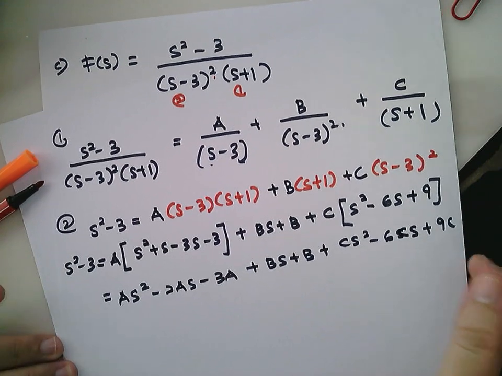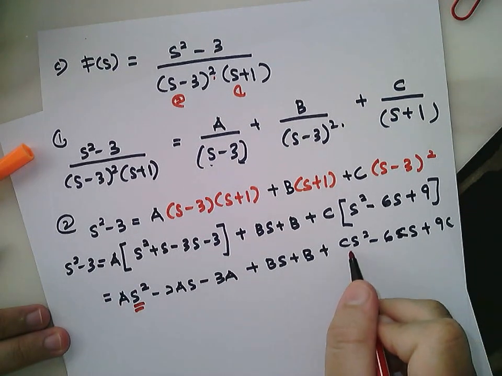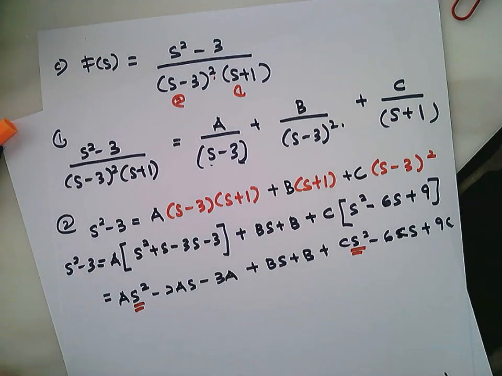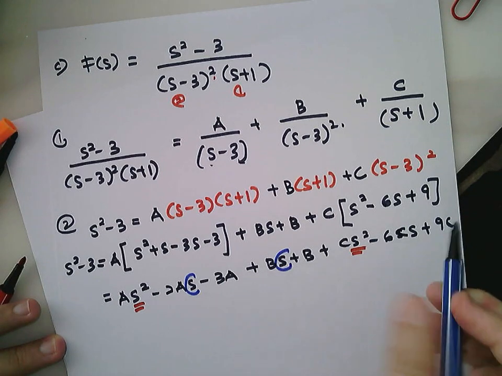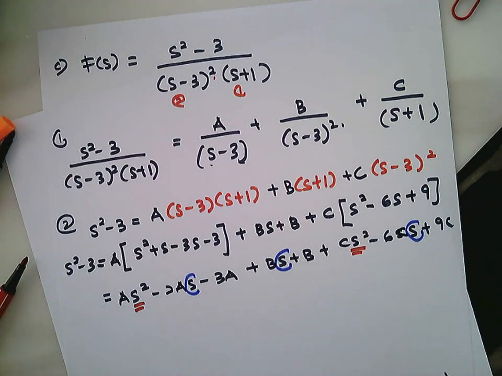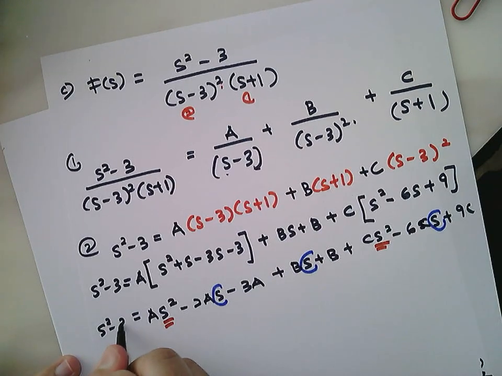Now factorize according to the variable. The first one is s squared, and this one is s squared. The second one is variable s, and s. And the last one is a constant. On the left hand side you have s squared minus 3.